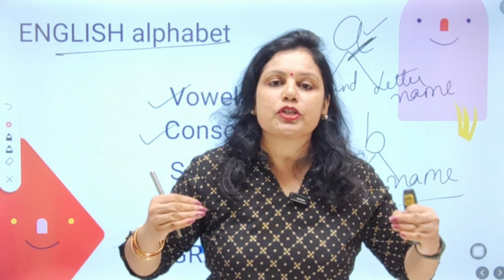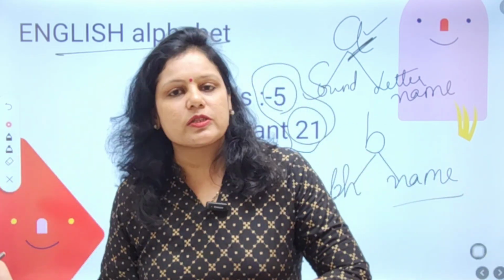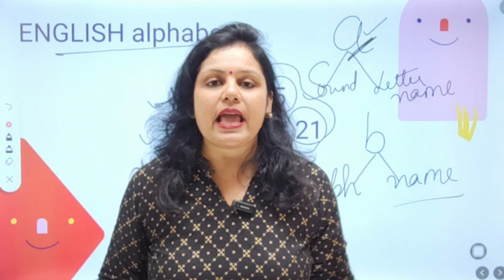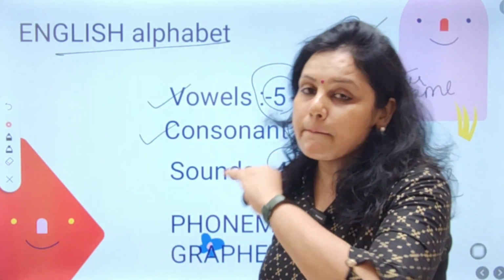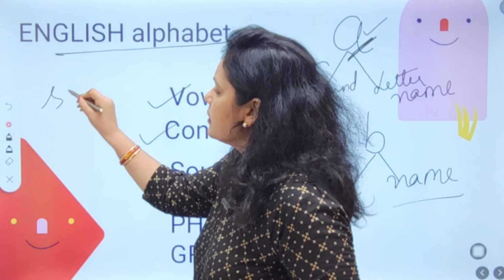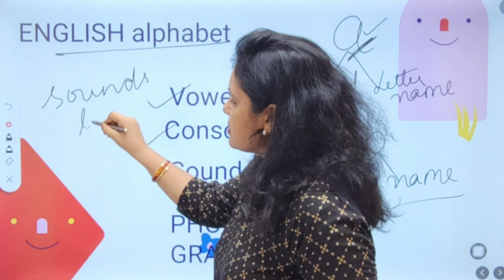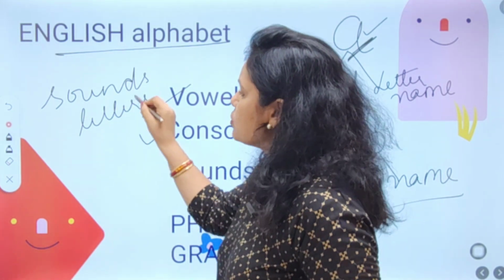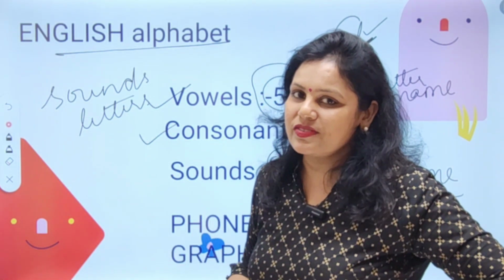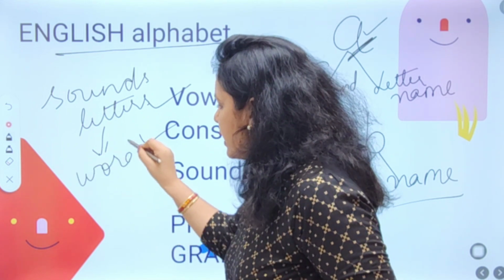So in the English language, when we were young, we learnt only letters and then corresponding words. But now with the help of phonics, there is a bridge in between. We first learn the sounds of the letters, right? With the help of which we form the words.